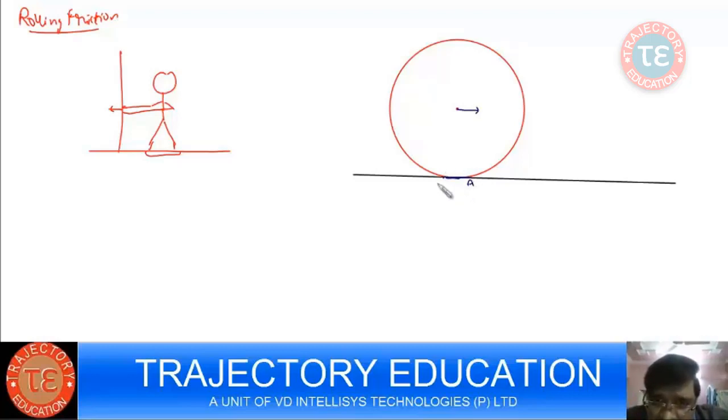Point A is getting pressed and point B is about to get lifted. It will press the wheel in this direction, and this part is going to get lifted up.